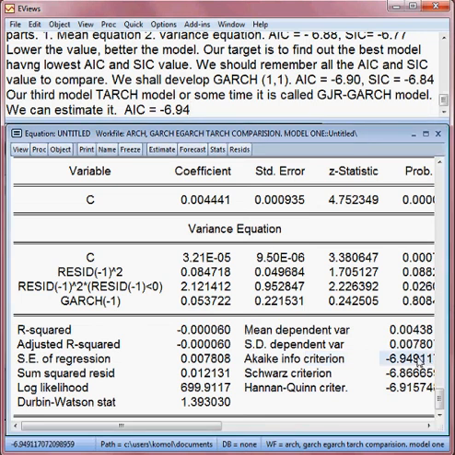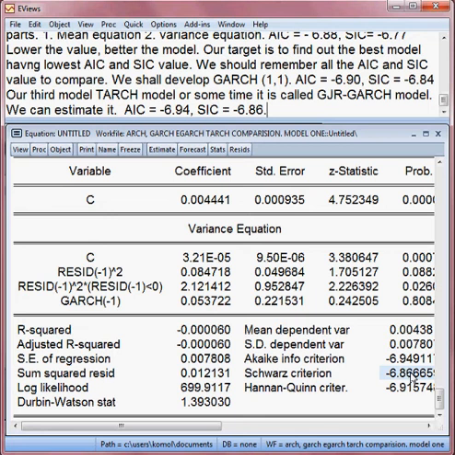This one, right? Then what about Schwarz criteria? Suppose I write it SIC. The value is 6.86, this one. So one is 6.94 and one is 6.86.